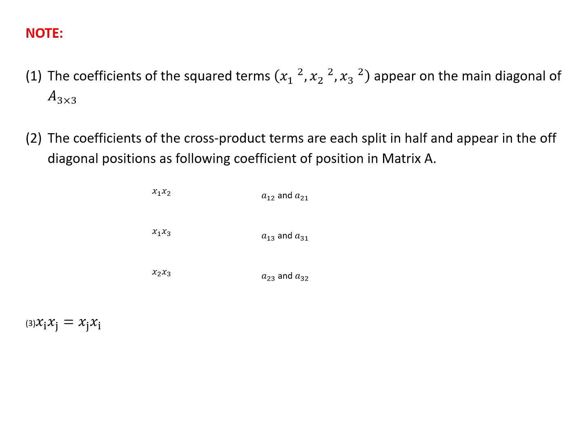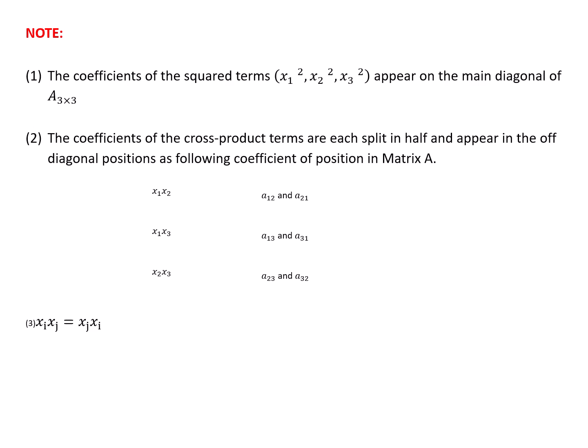2. The coefficient of the cross products, that is, when your i is not equal to j, the terms are each split in half. They appear in the off-diagonal position as the following coefficients of positions in the matrix A. That is, when you have the coefficient of x1x2, you will have the value as a12 and a21.